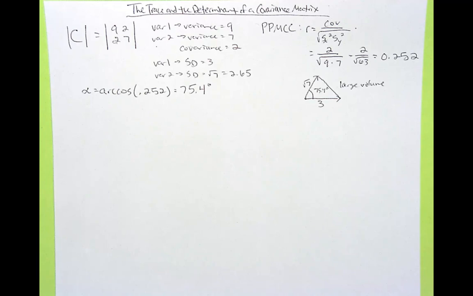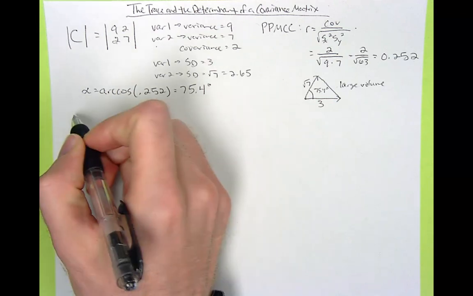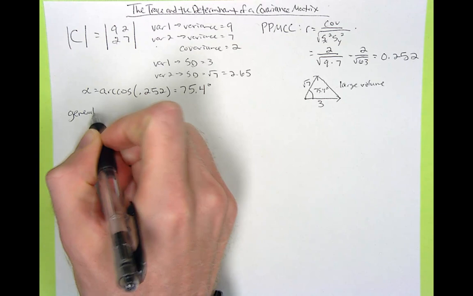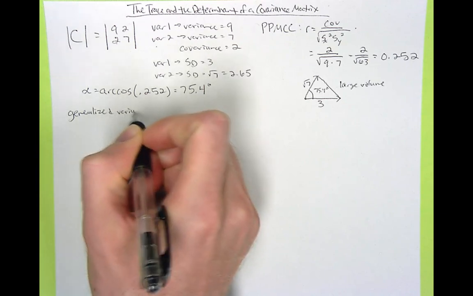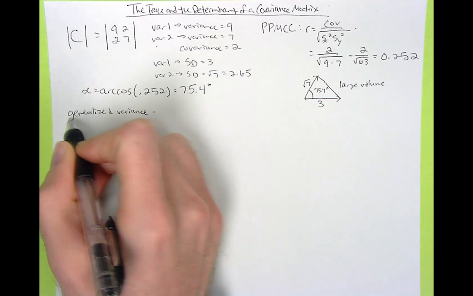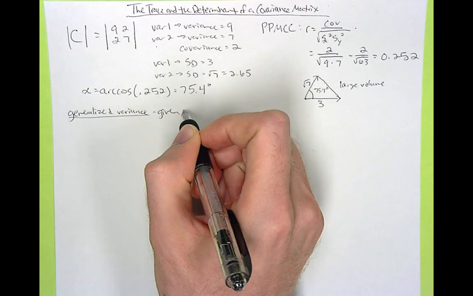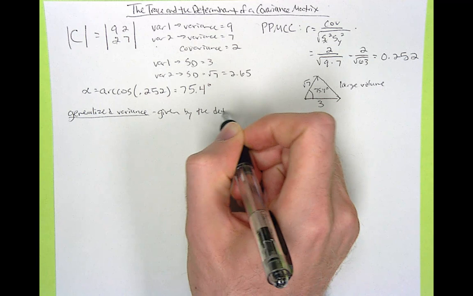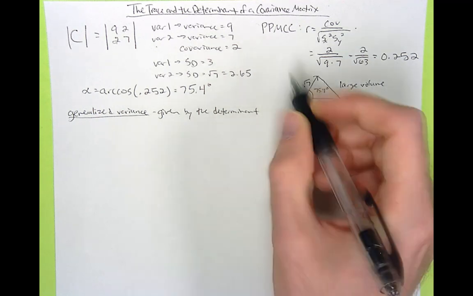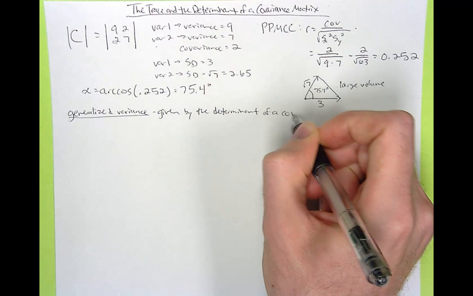So the determinant of a covariance matrix gives the generalized variance of that covariance matrix. When the generalized variance is large, the volume of the geometric figure for that set of variables is large. So we can say generalized variance is given by the determinant of a covariance matrix.